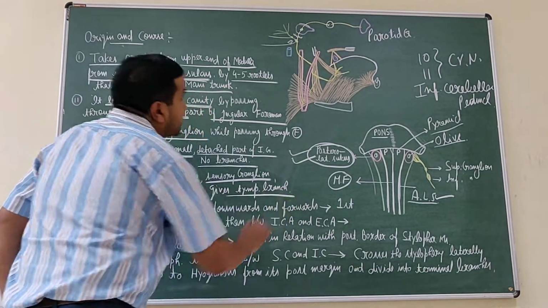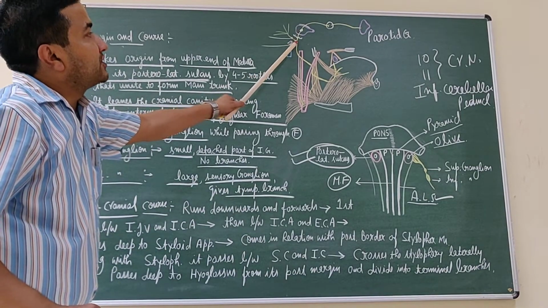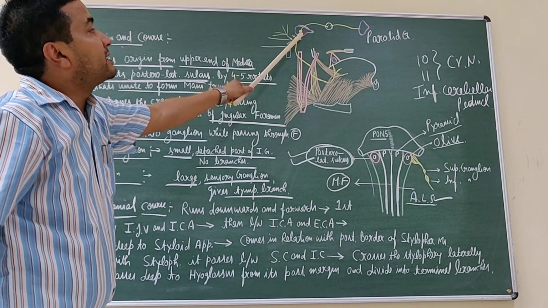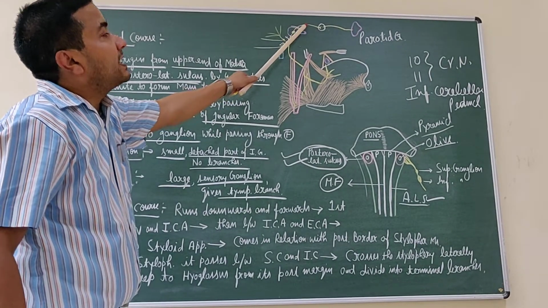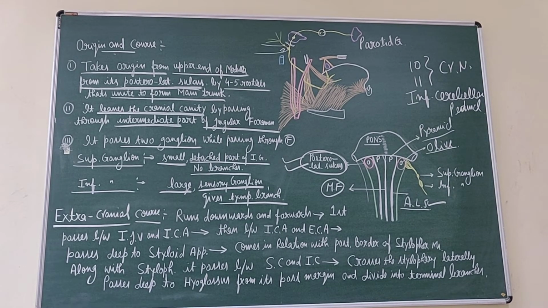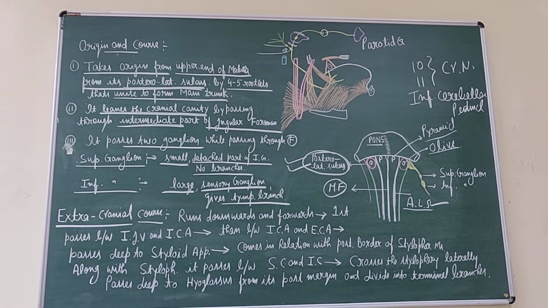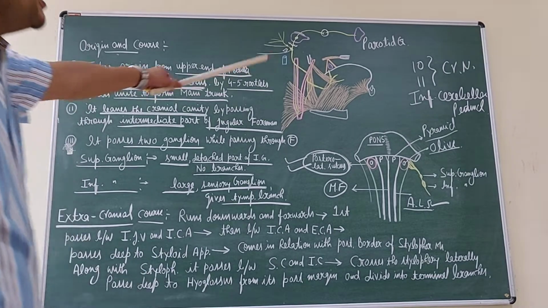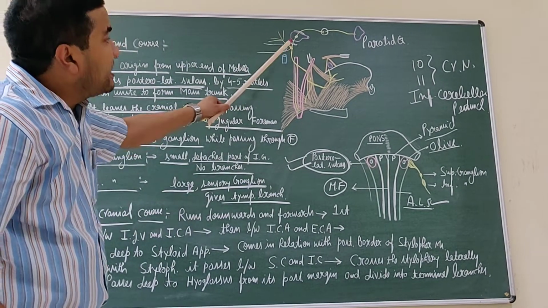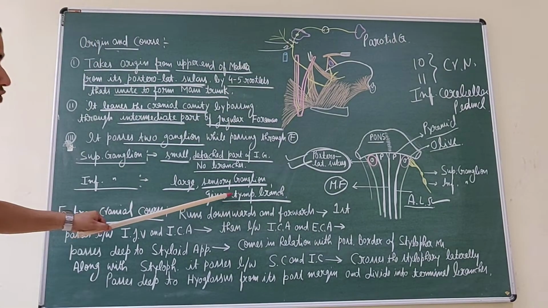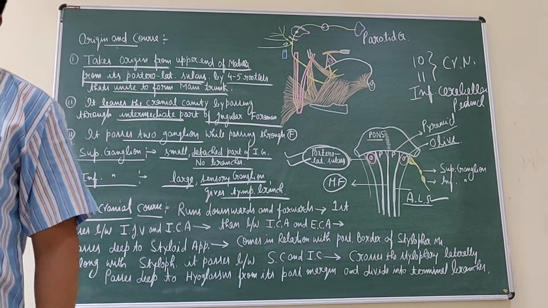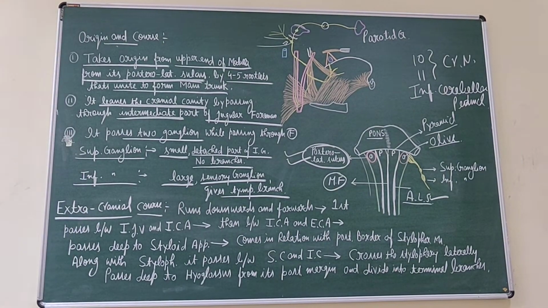The inferior ganglion gives a branch. The first branch is the tympanic branch. This tympanic branch enters the middle ear cavity, forms the tympanic plexus, then the lesser petrosal nerve. Remember the class of the middle ear cavity. The medial wall has the promontory, where the tympanic plexus is formed by the tympanic branch of the glossopharyngeal nerve, and this tympanic branch enters through the tympanic canaliculus.